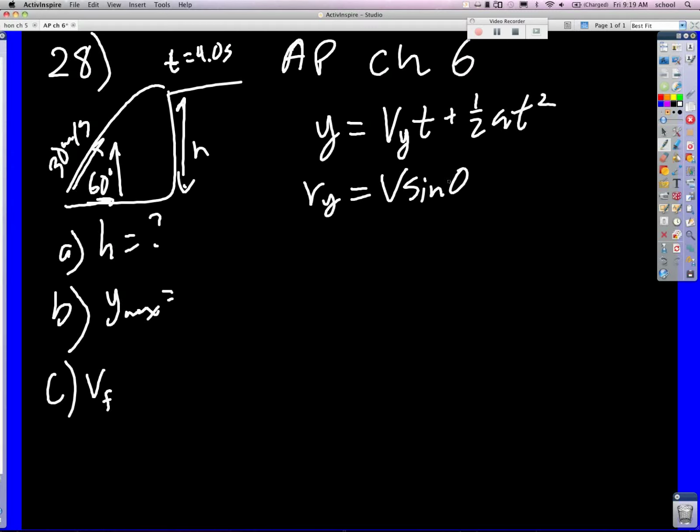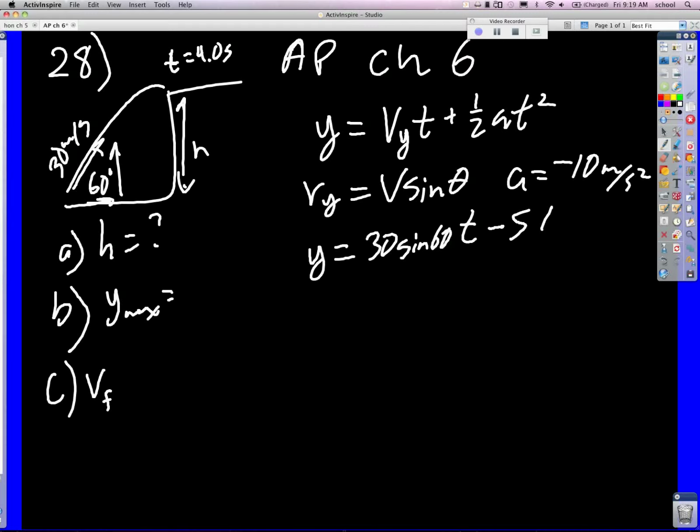So I get y is equal to 30 times the sine of 60, 0.866, so it's going to be like 26 times time, which is 4, so 26 makes 104. So this becomes 104 minus 5t squared. So it's like 104 minus 16 times 5 is 80, so this becomes 24 meters.